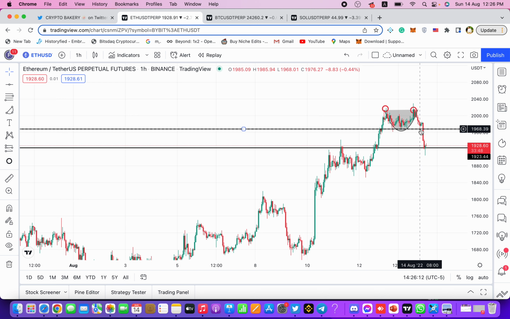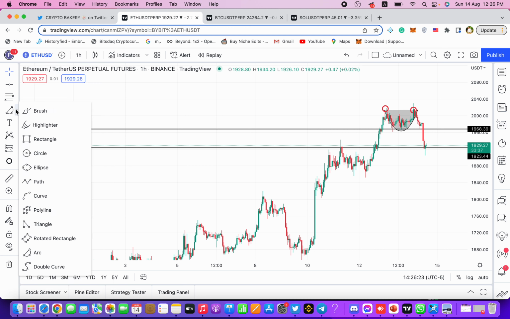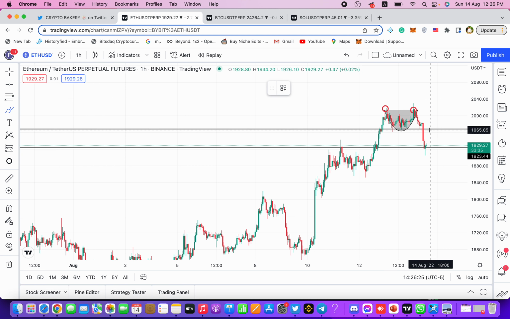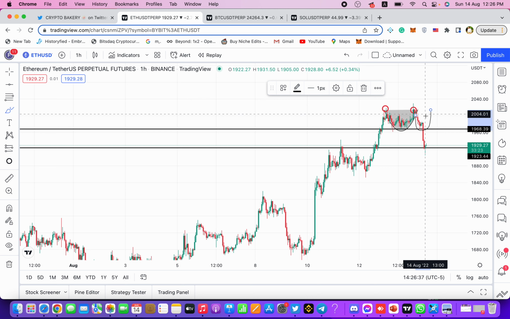A newbie would think that we dipped from here, and if they saw a curve here, they think we will move like this, but actually this would not happen, and we will dump drastically again.